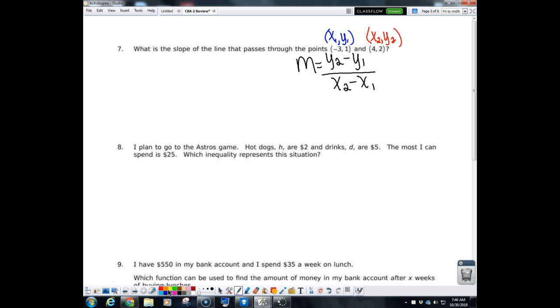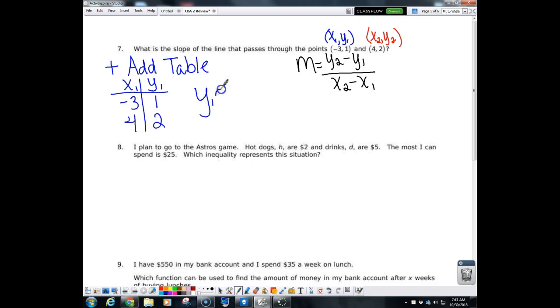Or you add a table into Desmos. You would put your 2 points in x1, y1, so it would be (-3, 1) and (4, 2). You would type y1 is approximately mx1 plus b, and whatever m equals is your slope. So go ahead and do that one real quick.